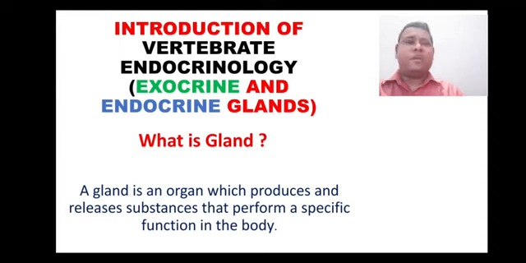In 1905, Starling introduced the term hormones, and Bayliss and Starling in 1903 first discovered hormones. A gland is an organ which produces and releases substances that perform a specific function in the body.